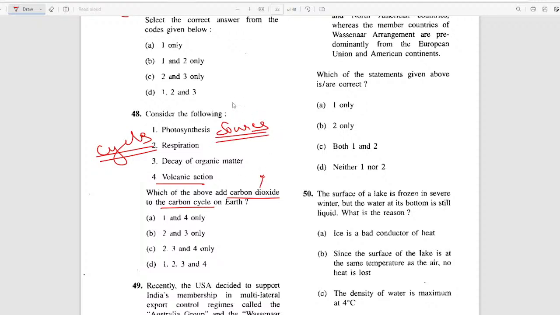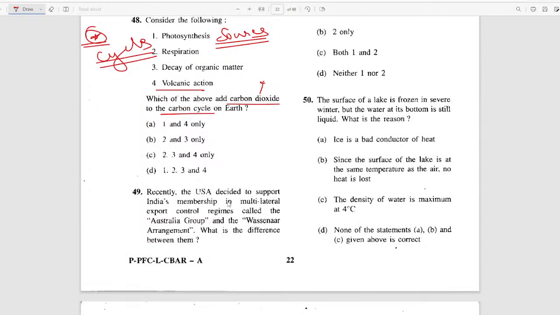In the carbon cycle or in the phosphorus cycle, understand how the cycle is happening, what is the source, from where it is starting, where it is ending. Go through the various sources of carbon dioxide in the carbon cycle, in the nitrogen cycle, and also the phosphorus cycle. They are biogeochemical cycles. They are important.